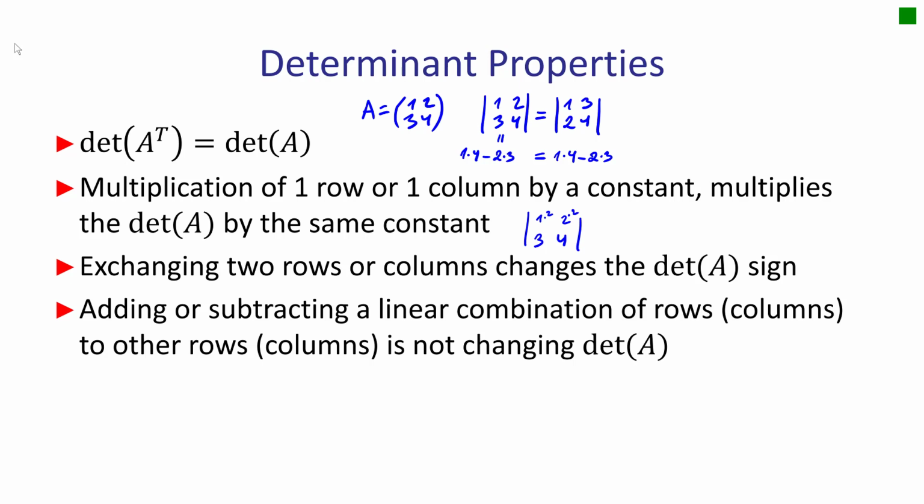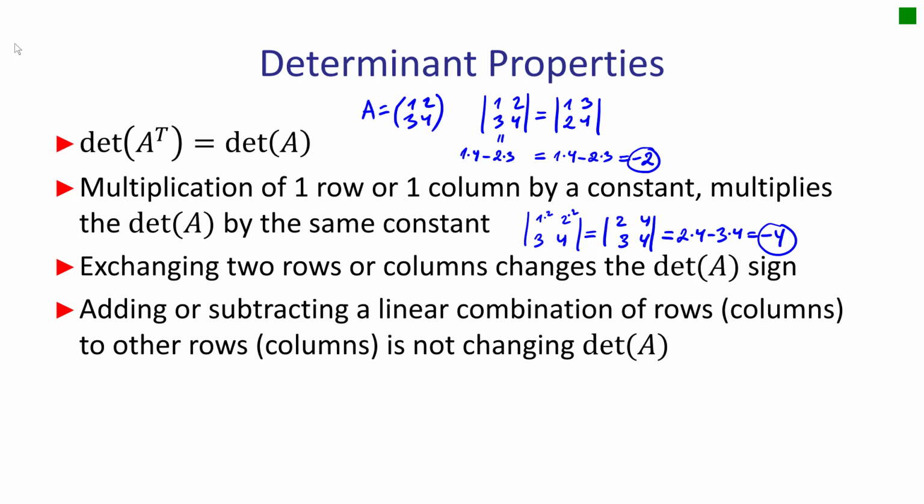This will be determinant of 2, 4, 3, 4, which is 2 by 4 minus 3 by 4. It will be 8 minus 12, which is minus 4. Pay attention that the original one was 4 minus 6, which is minus 2. So minus 4 is basically twice the original determinant, which is minus 2.